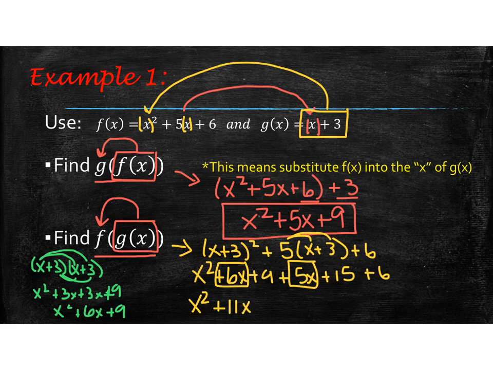And then for our constants, we have 9, 15, and 6, which would end up being 30. And that would be your final answer.